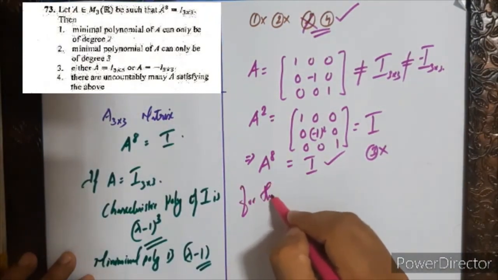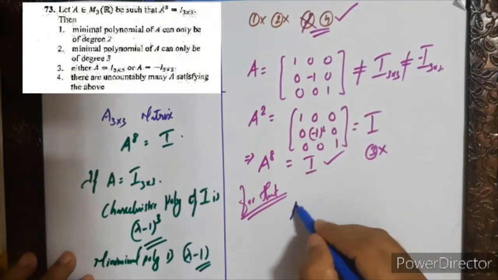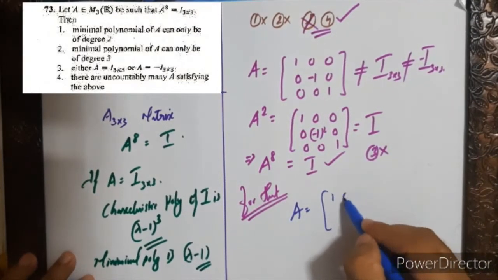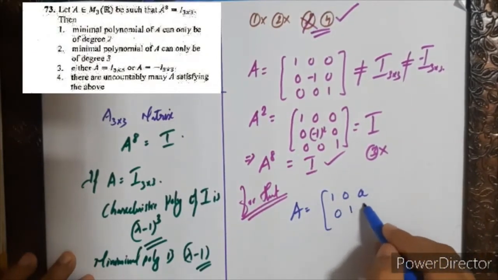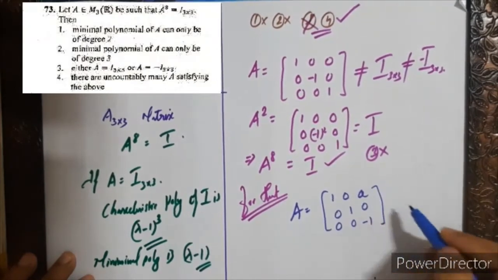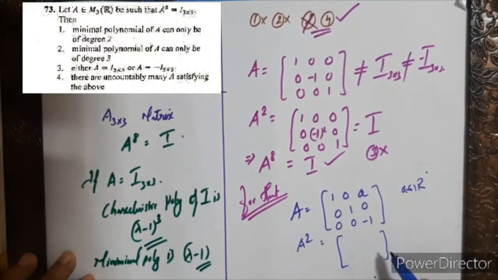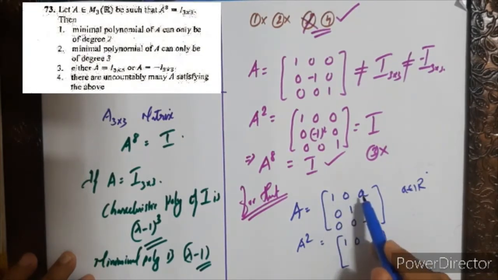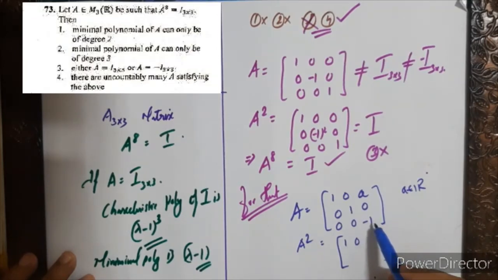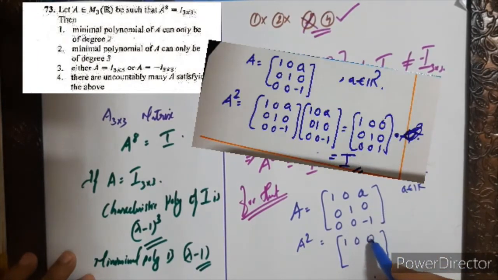For that, if I choose A equal to the matrix with rows (1, 0, a), (0, 1, 0), (0, 0, minus 1), where a belongs to R, then A square is equal to the product of these matrices. This entry becomes a minus a, so I will get 0, 0, 0, 1, 0, 0, 0, 1.